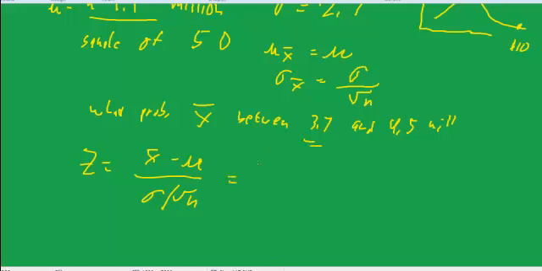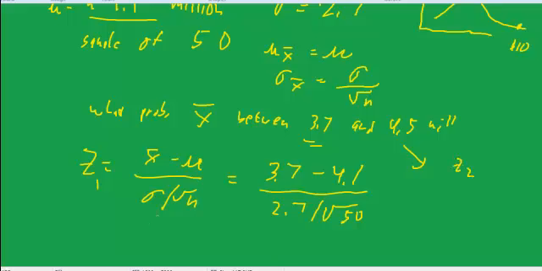So for x bar we'll take 3.7, one of the points, minus the true mean, which was 4.1, all over sigma, which I said was 2.7, over square root of 50. And that's z1. And then z2 we get from plugging in 4.5 in there, and then we can do a norm CDF from z1 to z2.